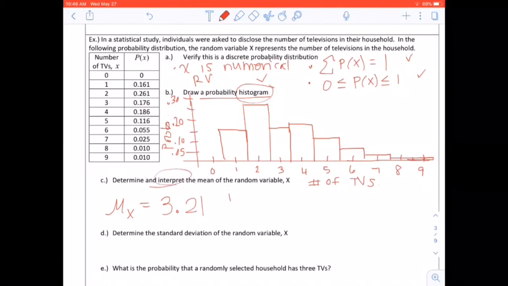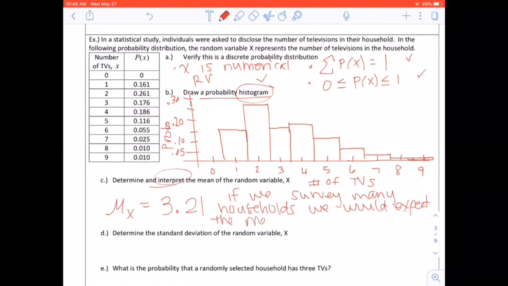So this would be: if we survey many households, we would expect the mean number of TVs to be 3.21 TVs per household, per house.